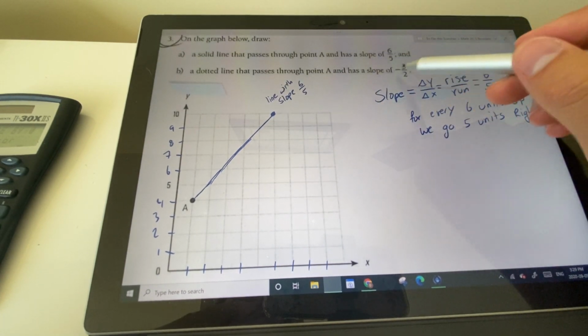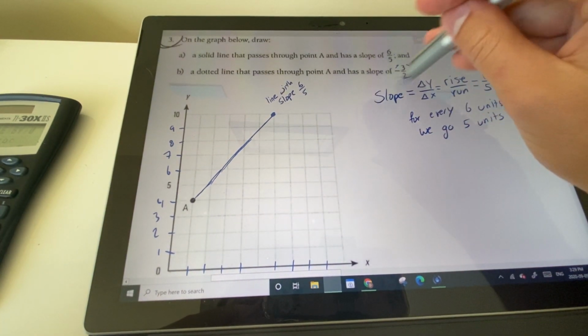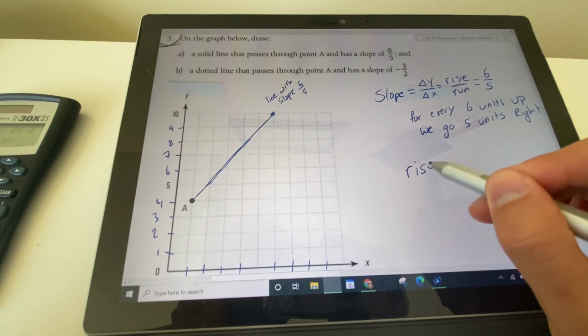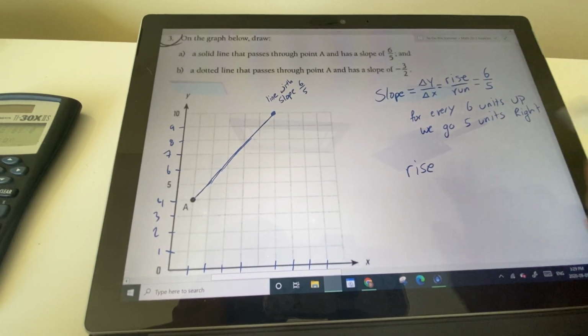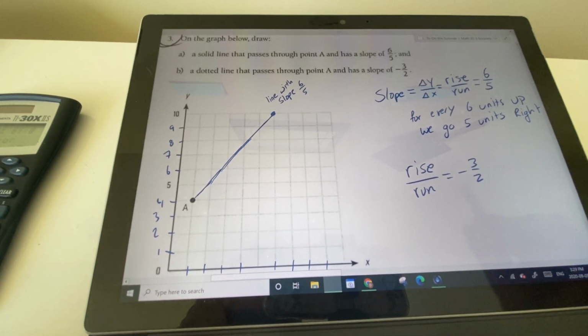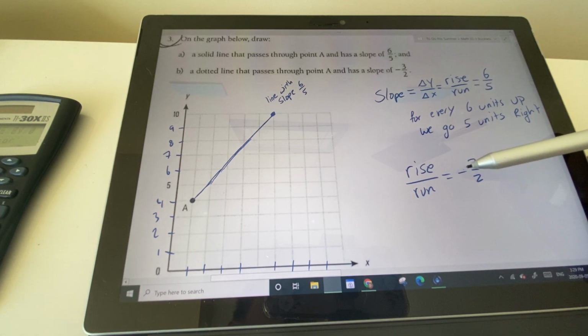Now we have something a little different. We need to draw a dotted line, okay? Draw a dotted line that has a slope of negative 3 over 2. In this case, it's still rise over run, but here it equals negative 3 over 2. Now something to understand about fractions is if you have a negative here, you can decide if you want to apply that negative to the top number or the bottom number.